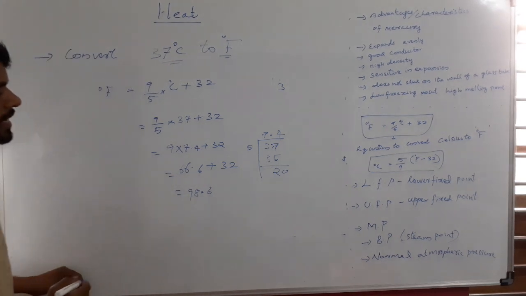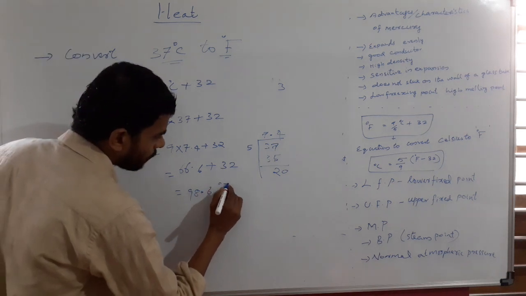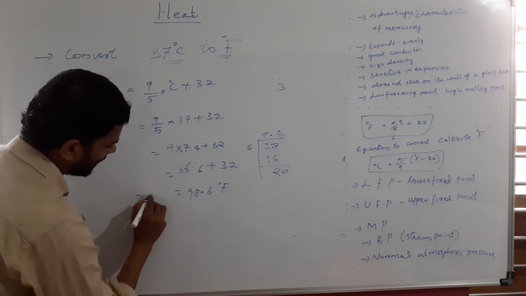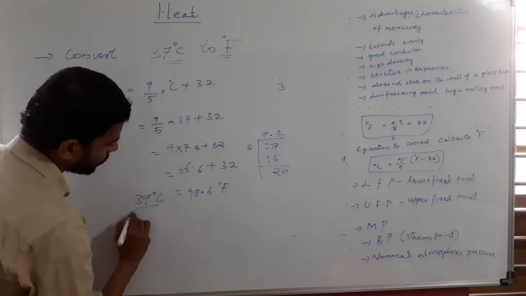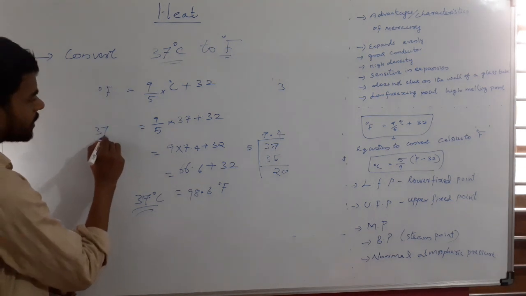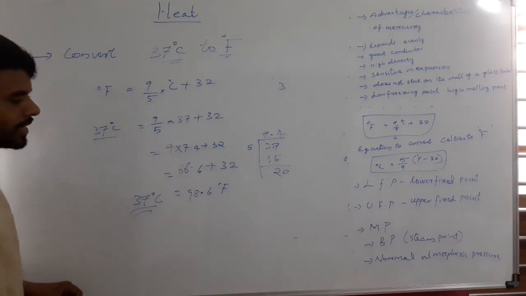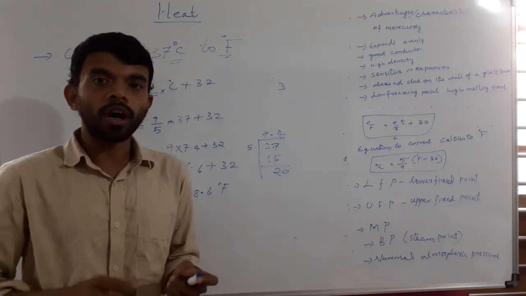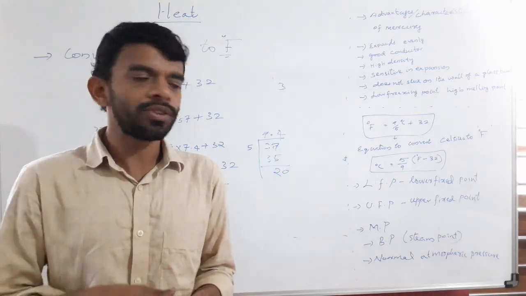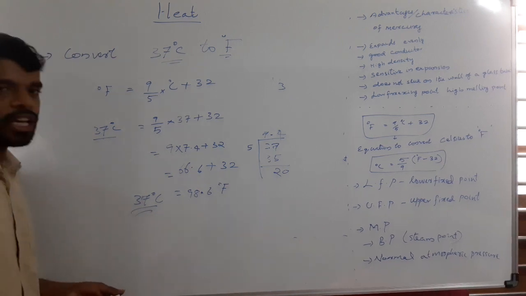So 98.6. So 98.6 degree Fahrenheit is equal to our 37 degree Celsius. So 37 degree Celsius is equal to 98.6 degree Fahrenheit. So if you are asked to find your body temperature in Fahrenheit, you can say the average body temperature is 98.6 degree Fahrenheit.